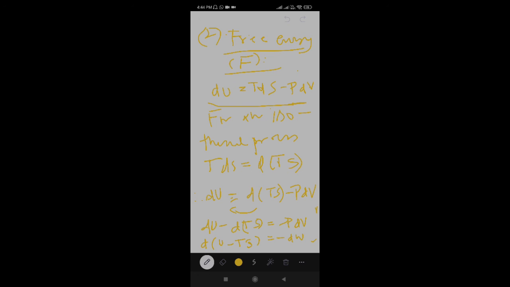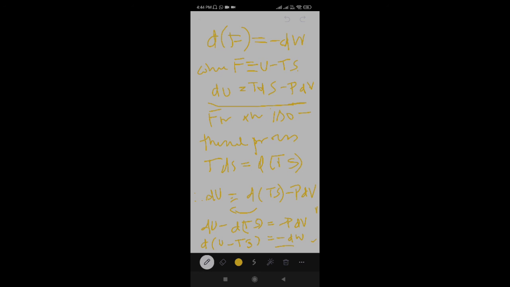Suppose that I write this last equation as d of, instead of what is inside the brackets, I am writing F. This is equal to minus dW, where F is identically equal to U minus TS.